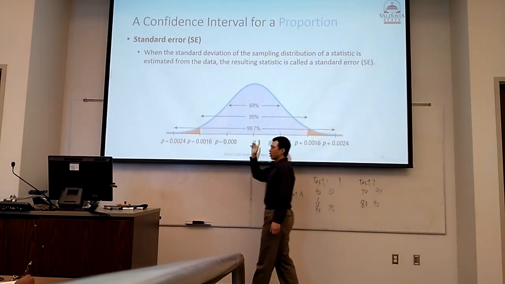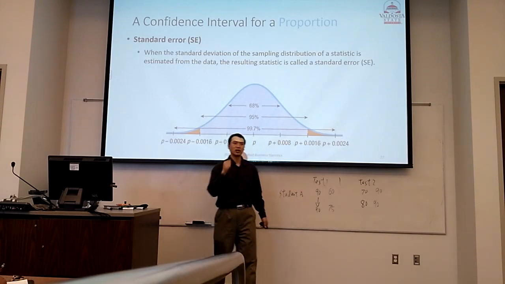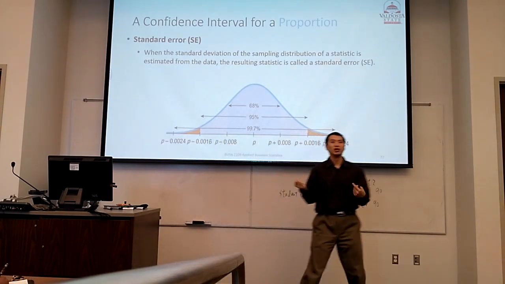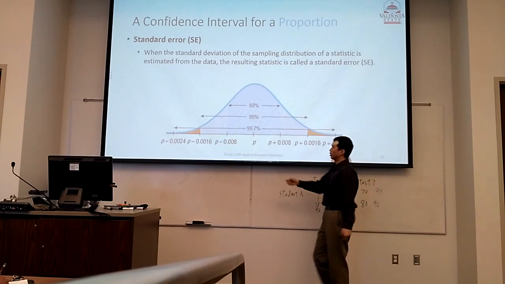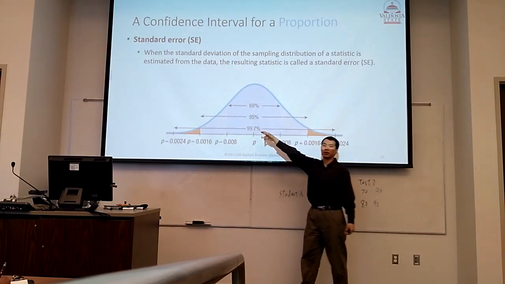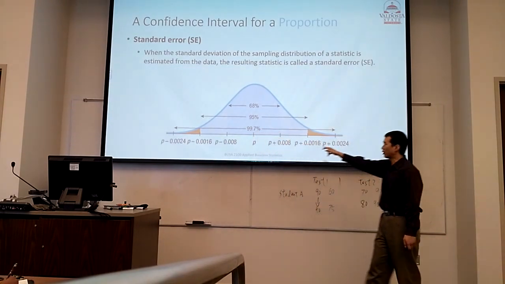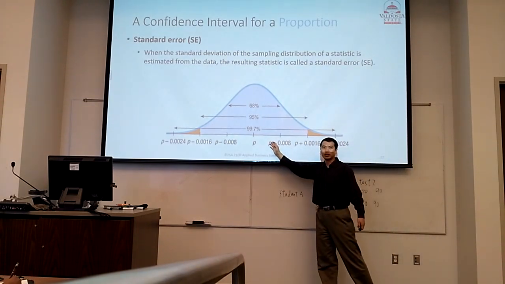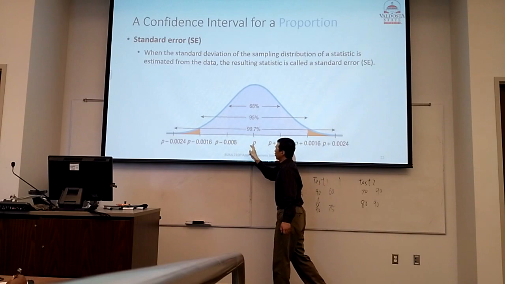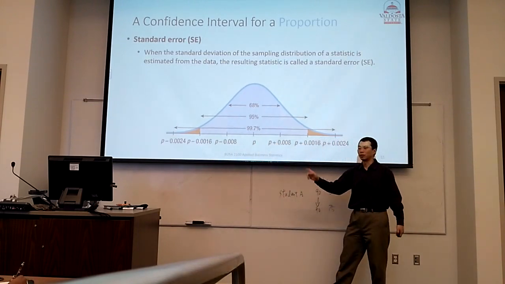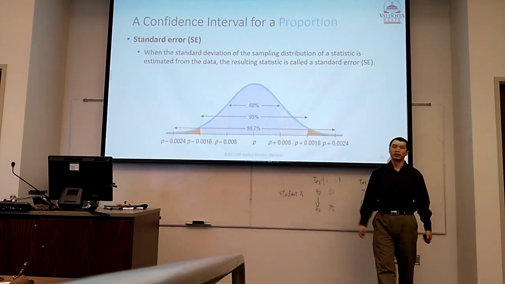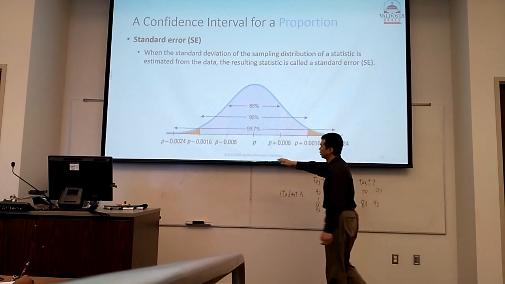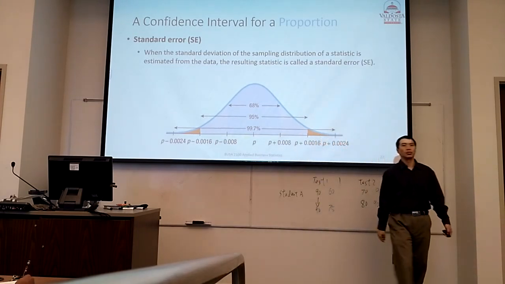And we just calculated the standard error, which is a type of standard deviation. If we use the 68, 95, and 99.7 rule, we add one standard deviation, two standard deviations, three standard deviations around the true population parameter. So this is the figure we will use.